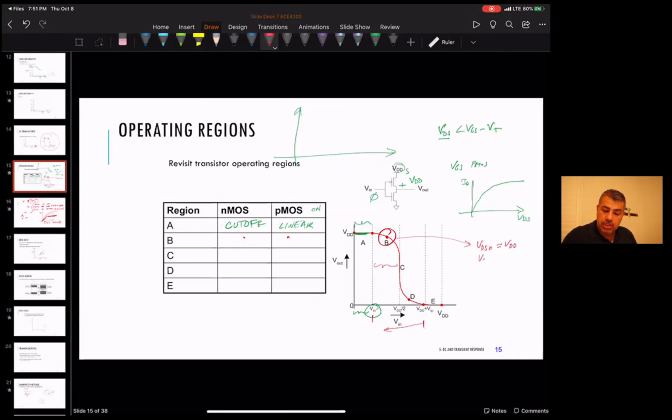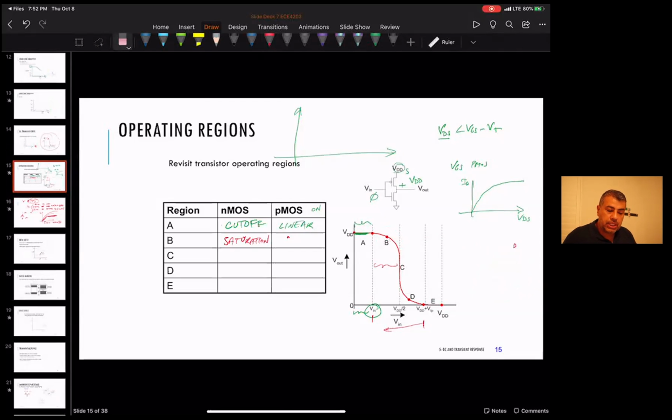The gate source of the N is low, close to VT, a little bit higher than VT. It means it's on, but the drain source of the N is greater than VGS minus VT of the N, which puts the N in saturation.